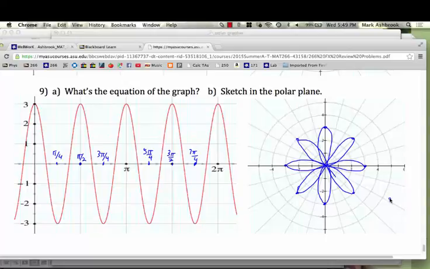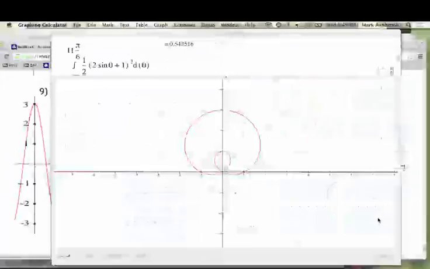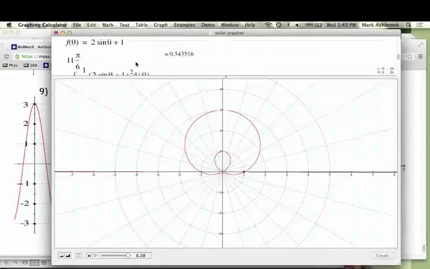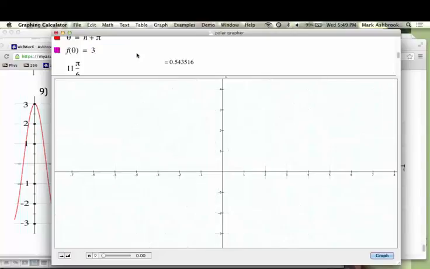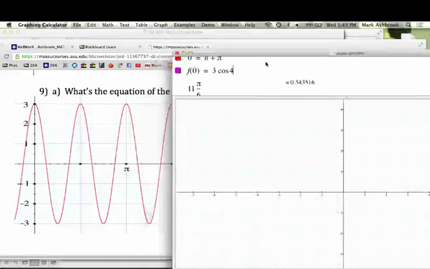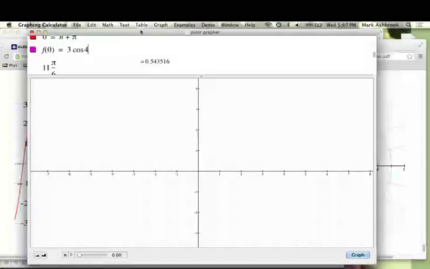All right, let's see it on my thing here. What was it? 3 cosine 4 theta or 2 theta? 4 theta, right, because the period is 1/4 as long.